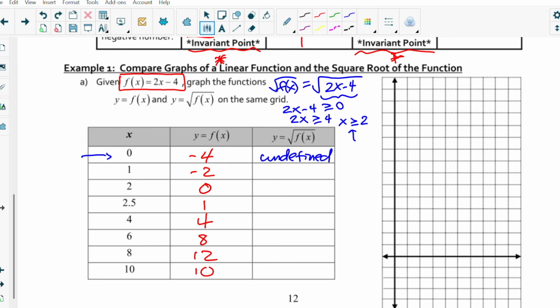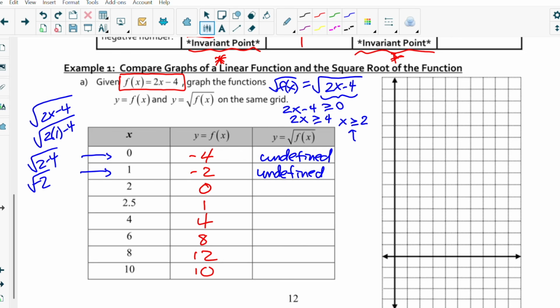Likewise with 1. So when x equals 1, that's 2 minus 4, I get square root of negative 2. So this is also undefined.